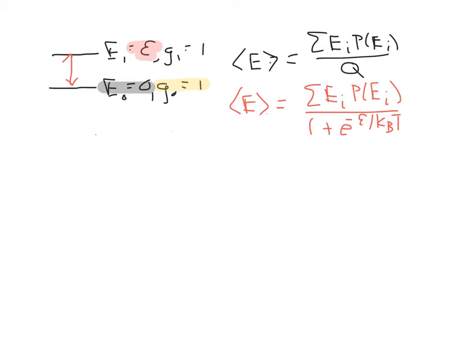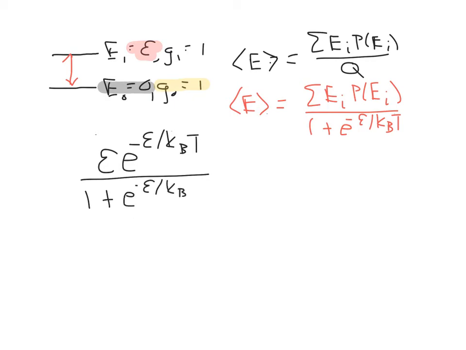The second term in the numerator sum is going to be equal to the energy, epsilon, times the probability, which is 1 times e to the minus epsilon divided by kBT. That whole thing is divided by Q, and so we get the following expression for the average energy of a two-state system.